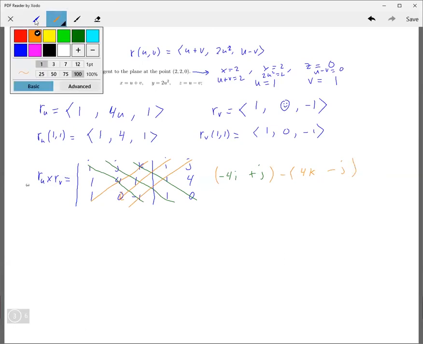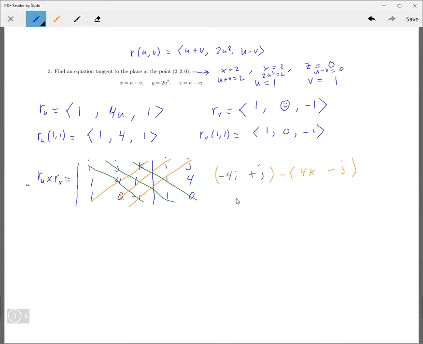In the end, we're going to get -4i, then j plus j, so that's 2j, and then minus 4k. But this is a multiple, so instead you can divide everything by -2, because I like to lead off with a positive. So 2i minus j plus 2k. You can use that one.